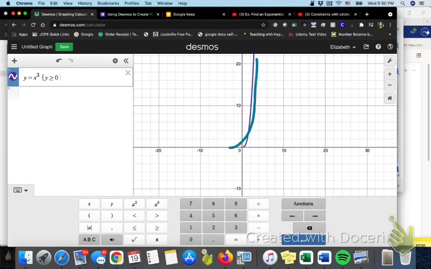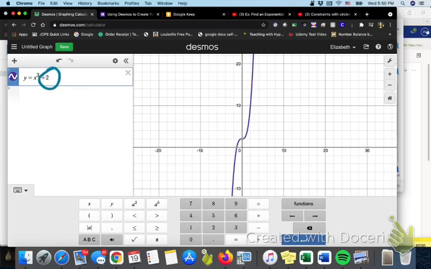Okay, now if you type it in this way with just the y equals x to the power, they're always going to start right here from the origin. But you can play around a little bit and get it to shift around. For example, you could do this, like say plus 2. So look what happened when I added 2.